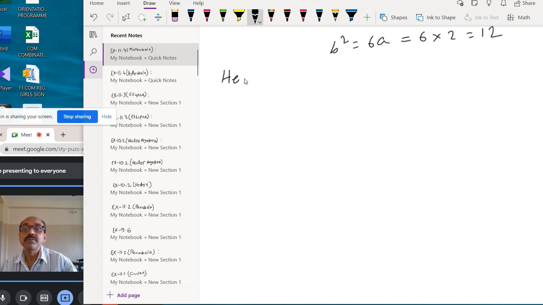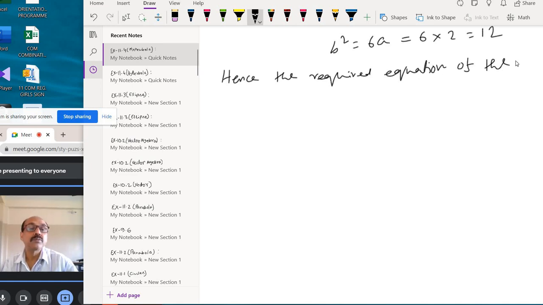Hence the required equation of the hyperbola is of type 1, that is x square by a square minus y square by b square equal to 1, where a square is 4 and b square is 12.